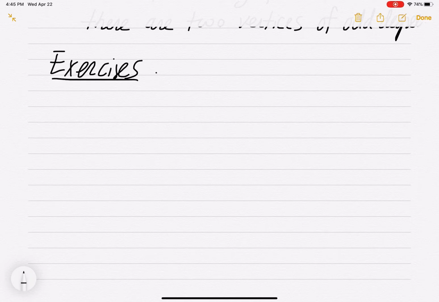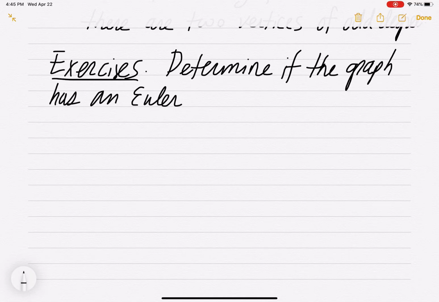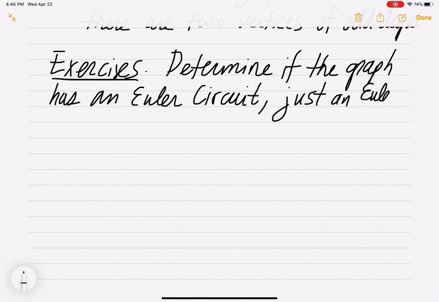We want to consider the graph. Determine if the graph has an Euler path or an Euler circuit. If the graph has an Euler circuit, just an Euler path without the circuit, or neither.